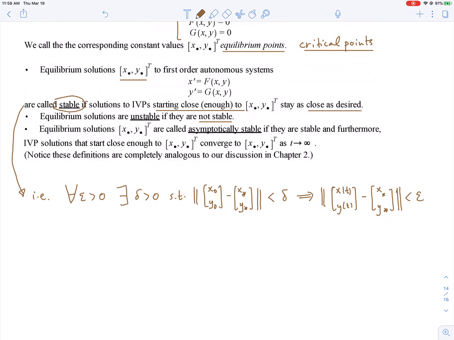All right. So the ways in which things can be unstable get more interesting than they were when we consider systems, more interesting than they were in chapter 2.